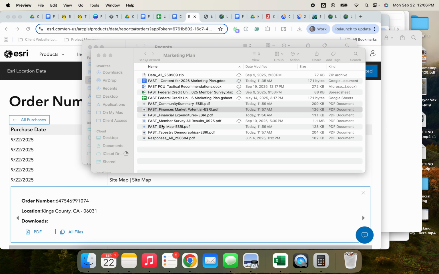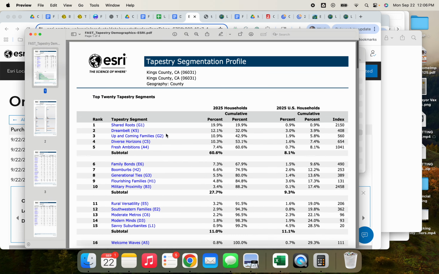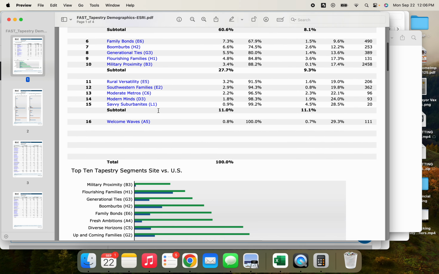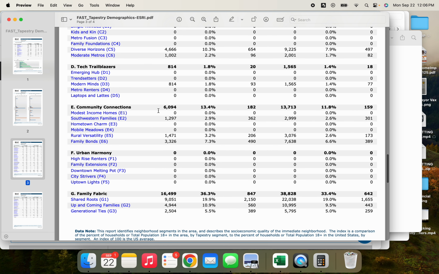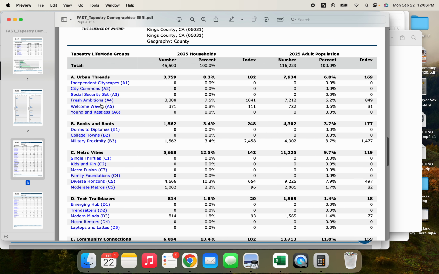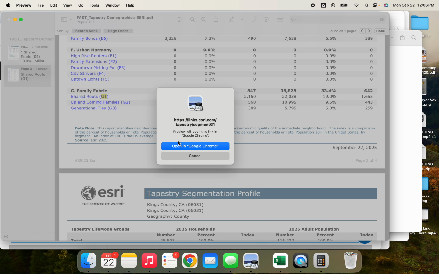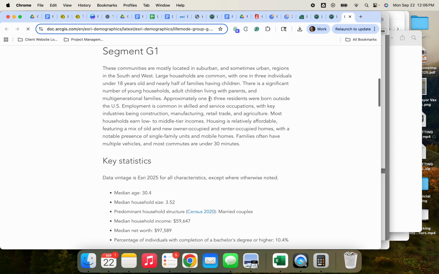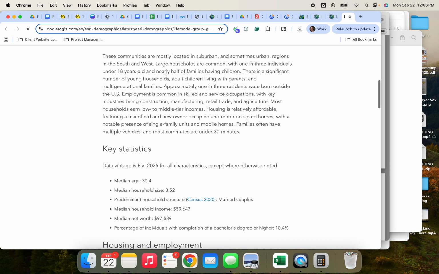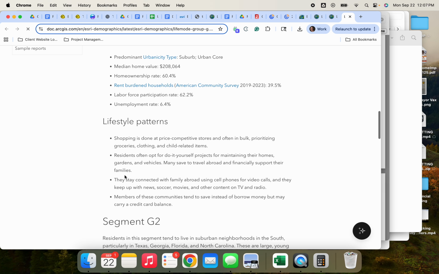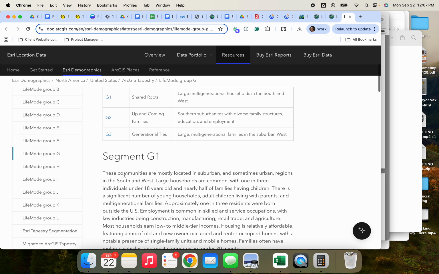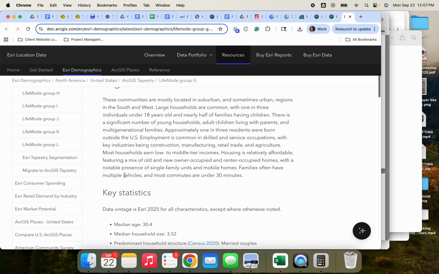Then we have the tapestry demographics. Now, they used to give you cute little profiles. If I look here, G1, that's their main one. They used to give you a little PDF that had a profile of people, and now they're doing this just kind of summarized, which I don't love. I used to like the PDF with all the pictures of people and stuff, but whatever.